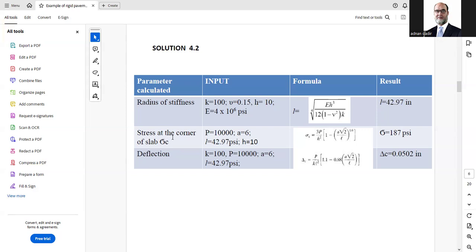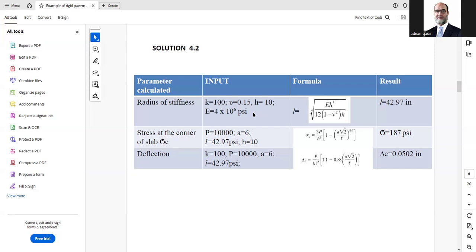As we know previously, in order to calculate the radius of relative stiffness, we need to know the modulus of subgrade reaction K. The Poisson ratio 0.15 is assumed for the concrete. Depth of the slab is 10 inches and E is 4 into 10 power 6. Remember, this can vary between 3 to 7 millions.